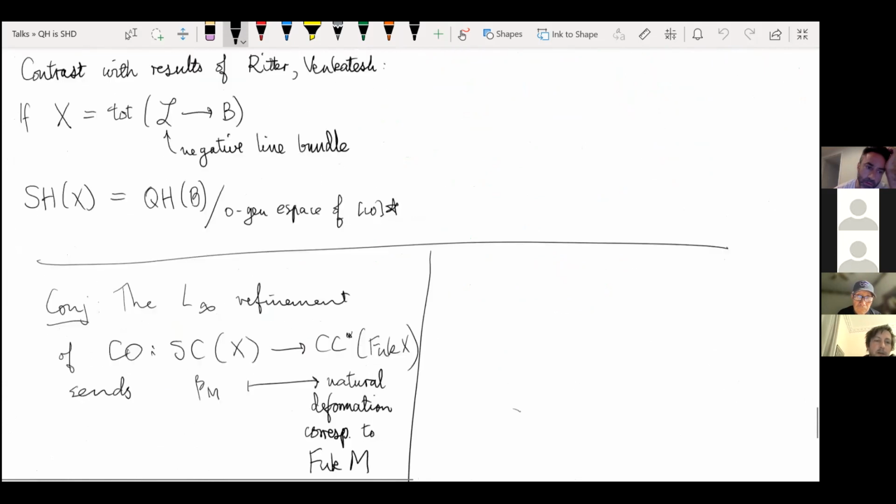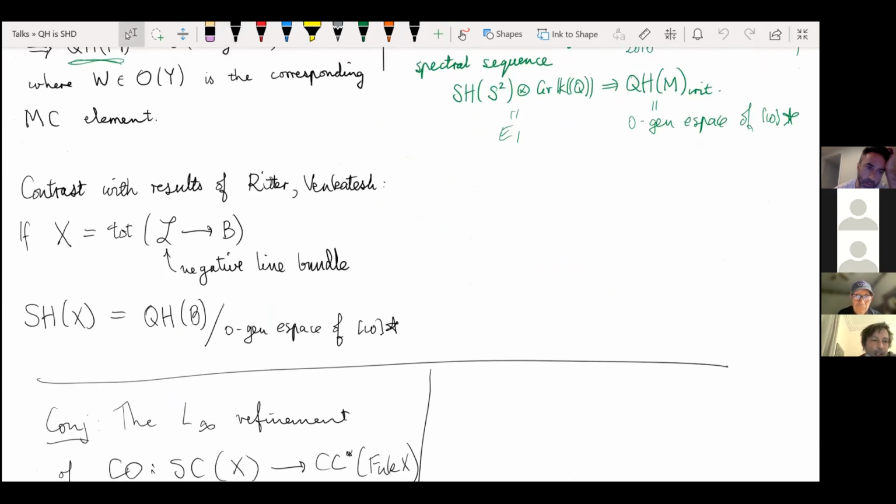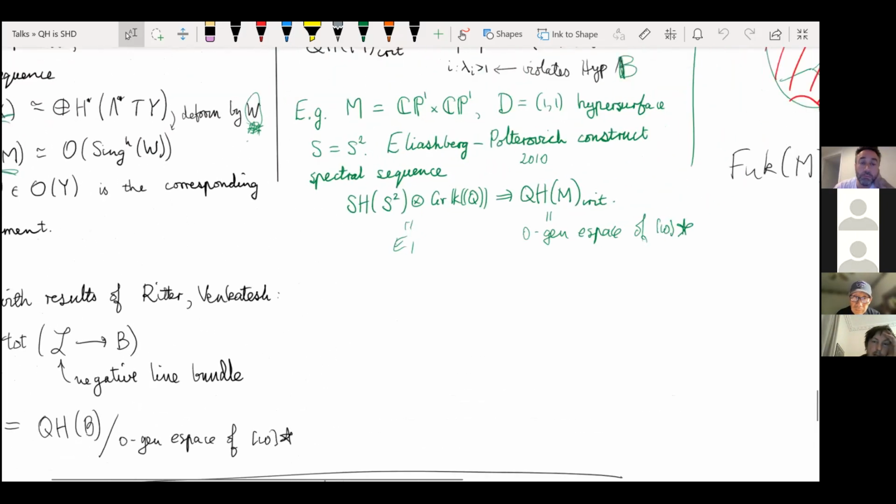it's a more precise quantitative version of this Ritter result, which says that, so there's this relative symplectic cohomology, which I didn't introduce, but she shows that the relative symplectic cohomology of a neighborhood of the zero section in this negative line bundle sees more and more of the eigenspaces of quantum cohomology as you increase the radius of this neighborhood.